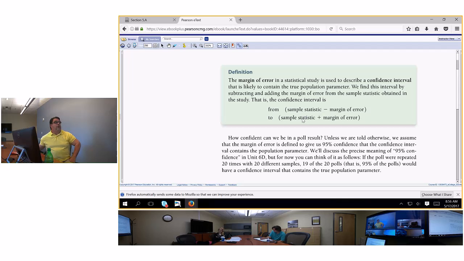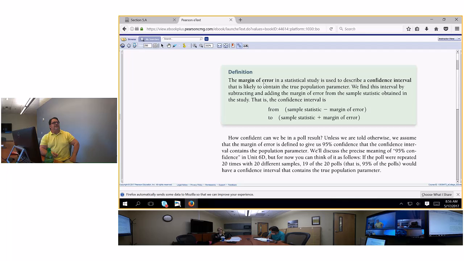There's the margin of error. Sample statistic minus the margin of error, sample statistic plus the margin of error. You're always going to add it and subtract it. We're not going to have any questions on that on the test, but margin of error is something that you need to know just for your knowledge. You add it on the right, you subtract it on the left.